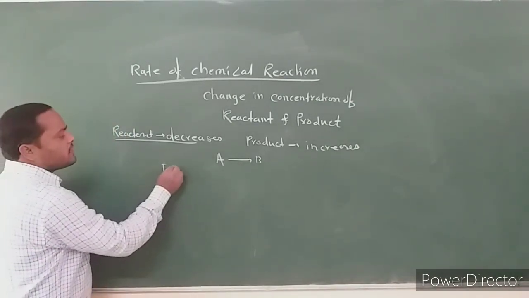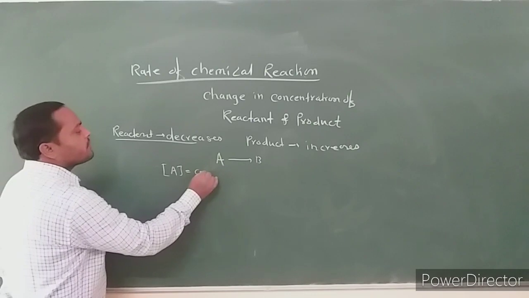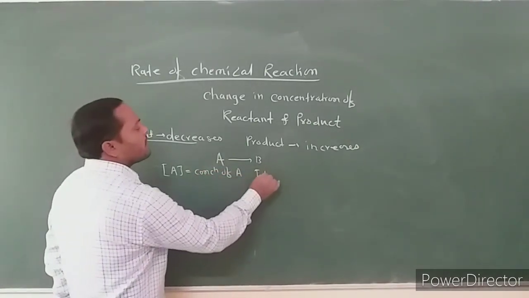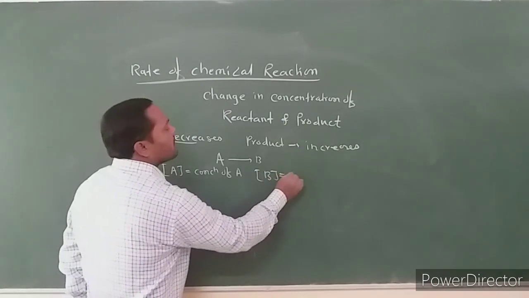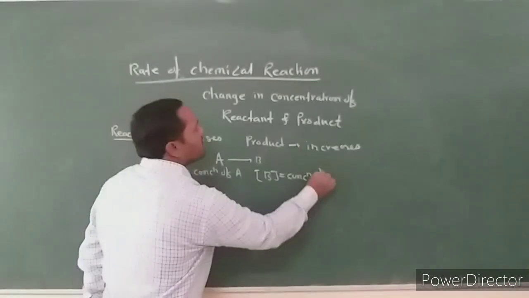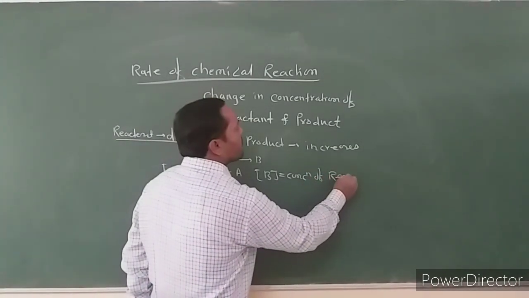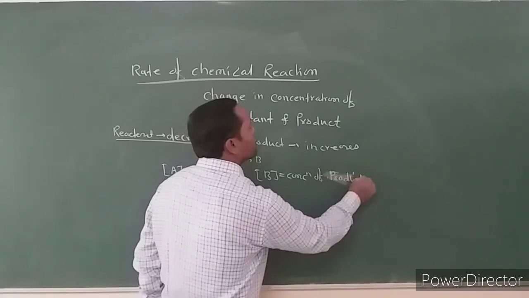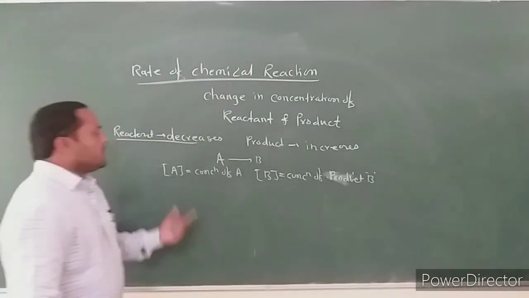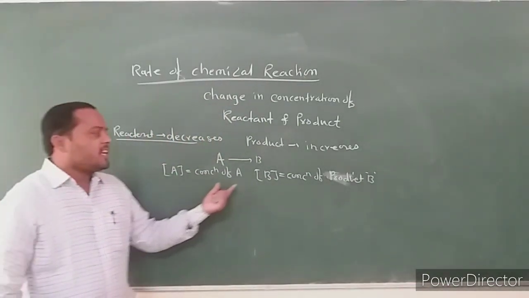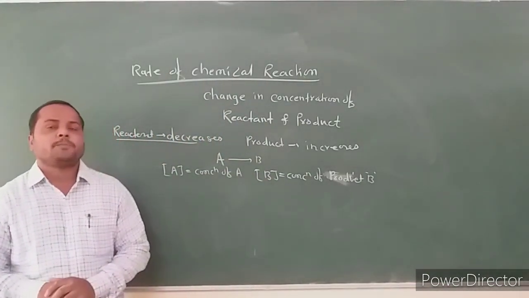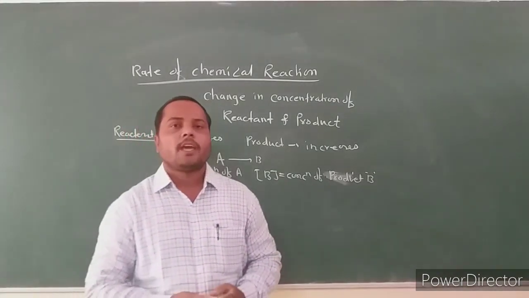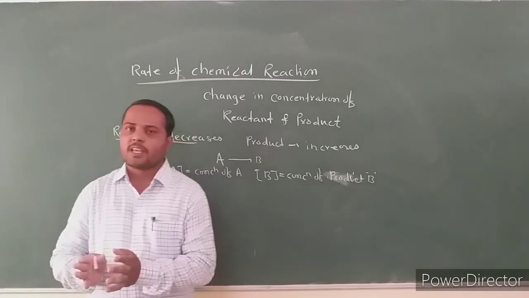Consider this is the concentration of reactant A, and this is the concentration of product B. A is the concentration of reactant A and B is the concentration of product B. In unit time, the concentration of reactant decreases and the concentration of product increases.